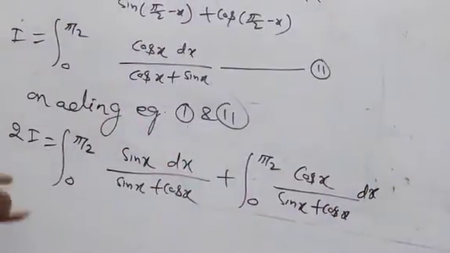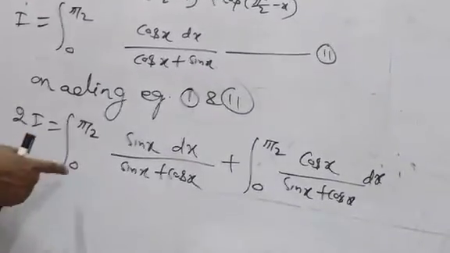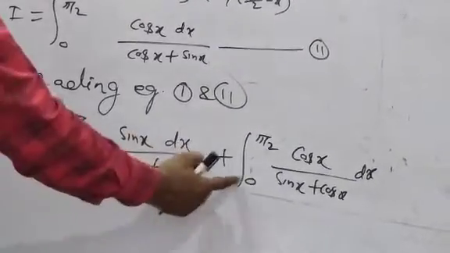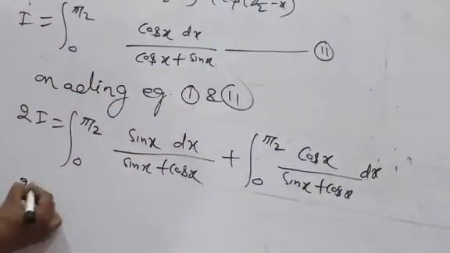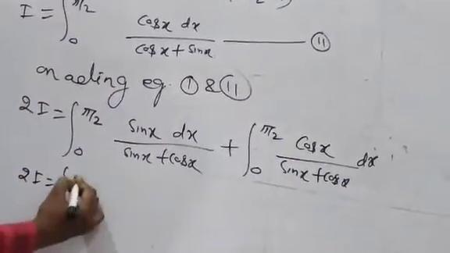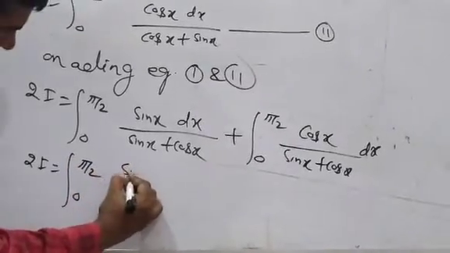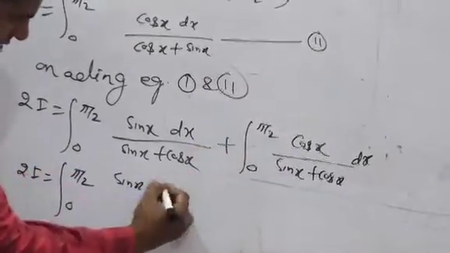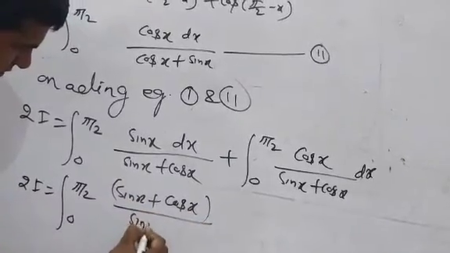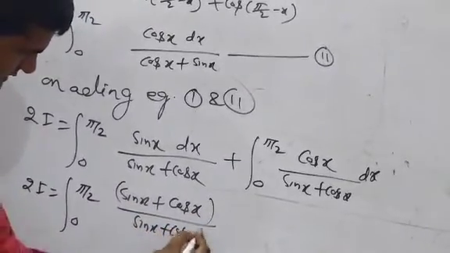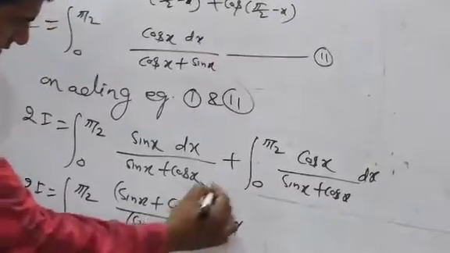Clear? Now we can see here the limits 0 to pi by 2 are the same. In this condition, integral 0 to pi by 2 of sin x plus cos x whole upon sin x plus cos x, dx. Cancel here.